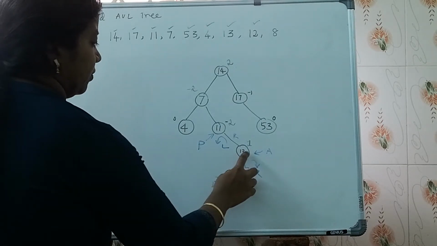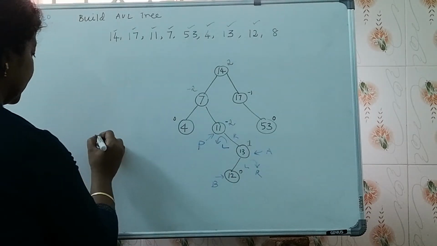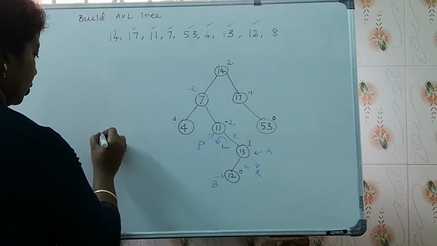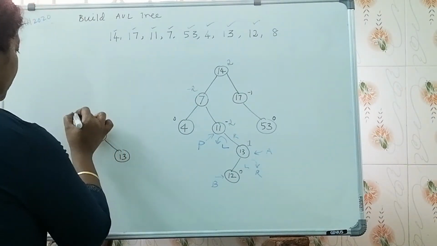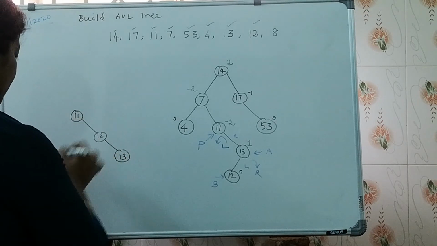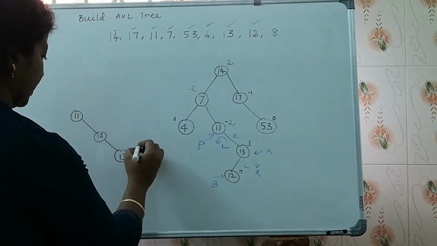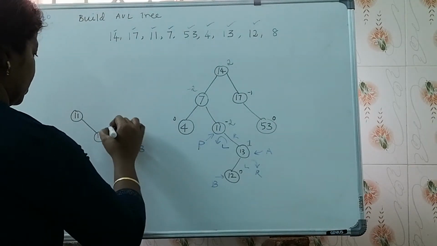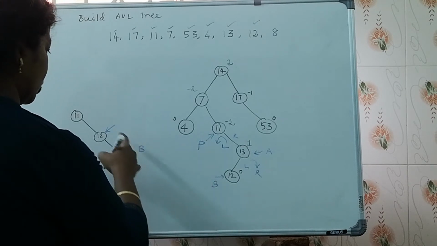Here, if you rotate in the right, what we will get is that 12 will go here and then 13 will come here. No change in P. Now let me write, this is your B, 12.